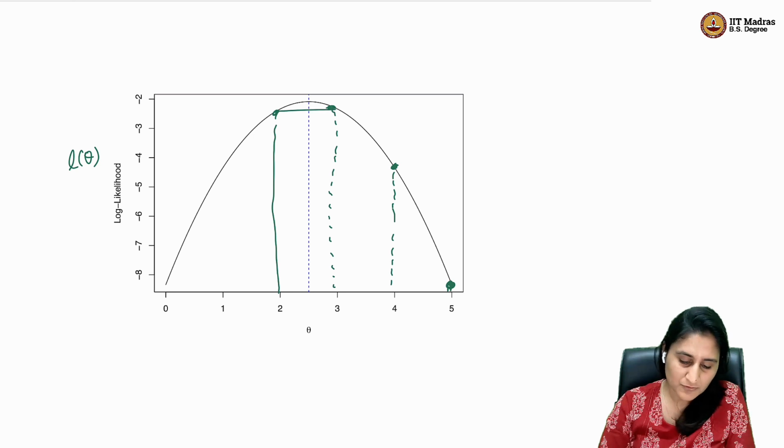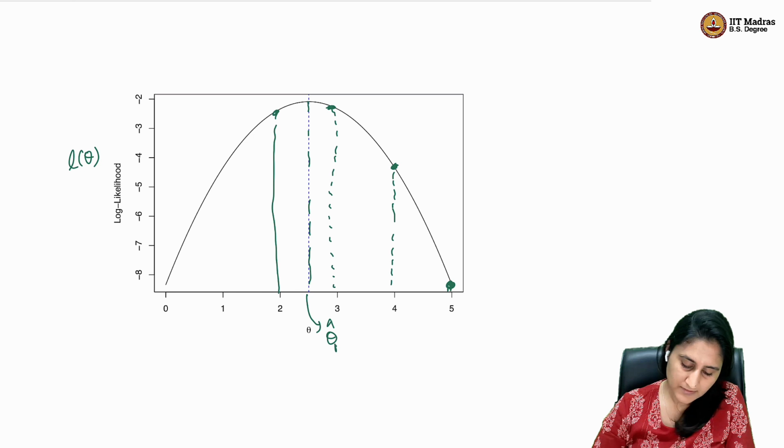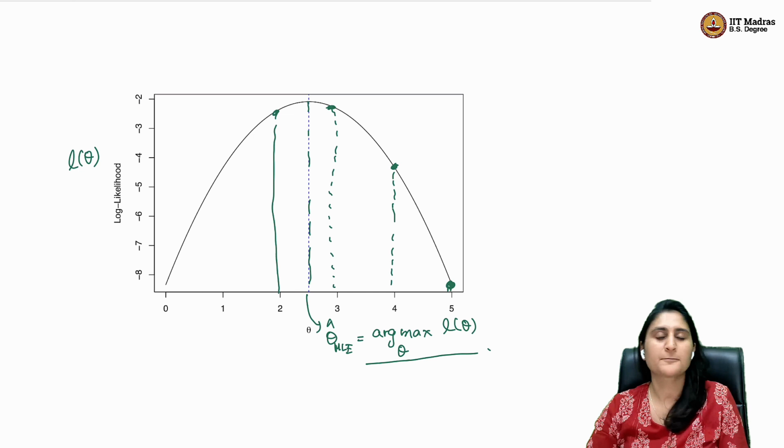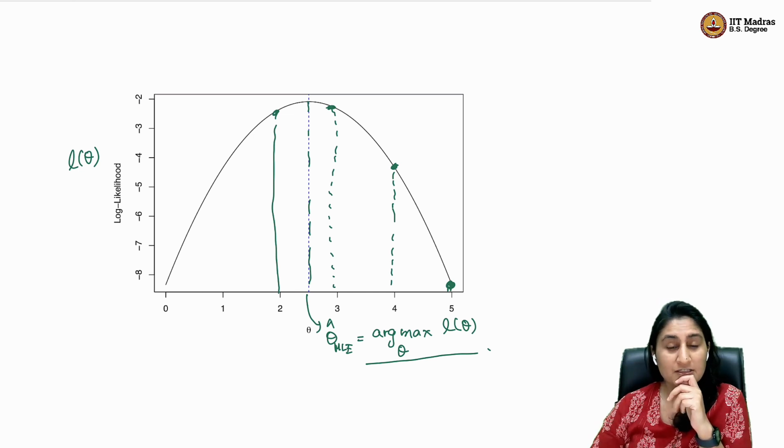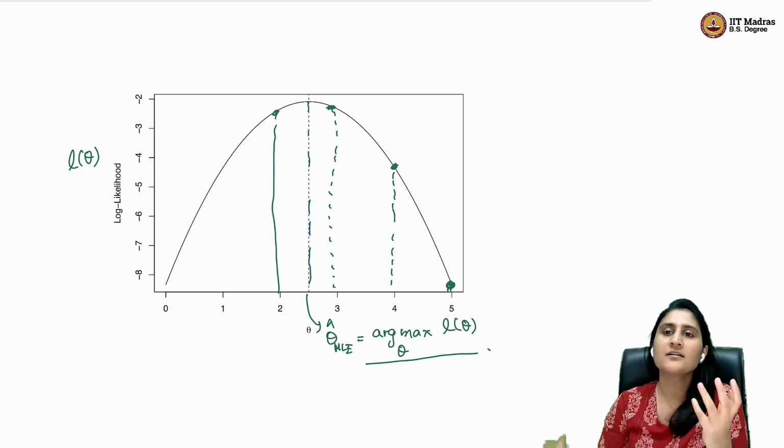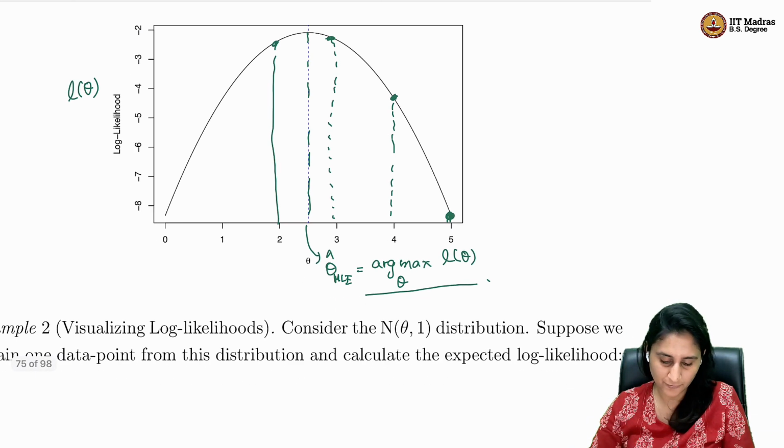But in between those, the value that maximizes it is actually the value right in the middle over here, which gives me the theta hat MLE, which is the argument that maximizes the log likelihood, or the likelihood, right? So this is the value of theta that seems the most likely having observed the data that I have observed. Okay? This is the idea of a likelihood function.